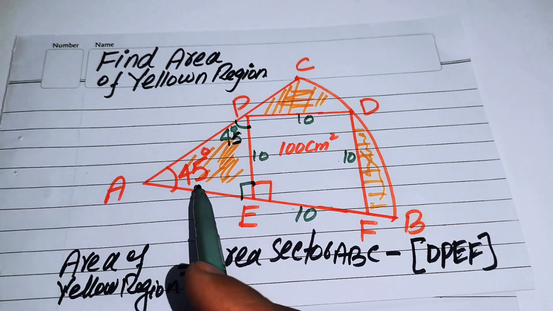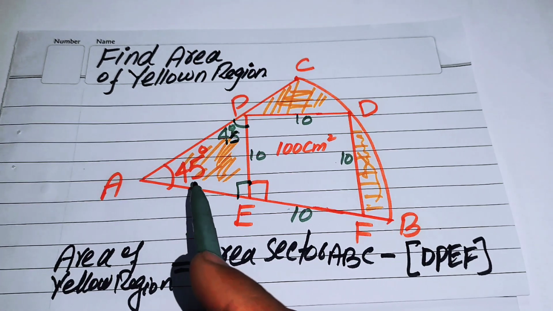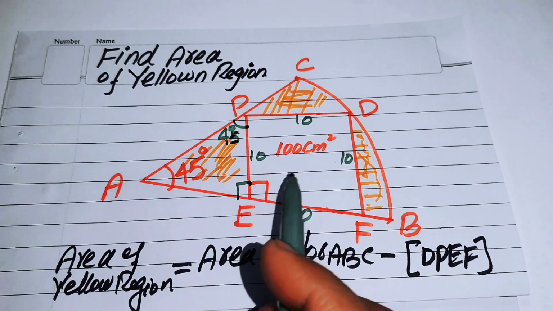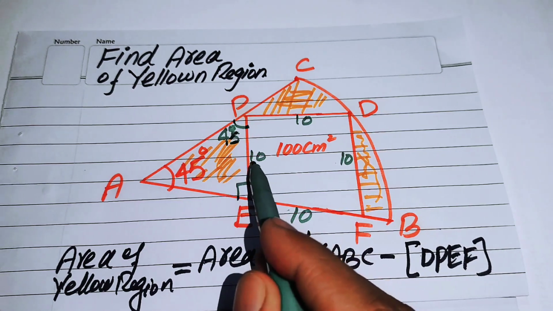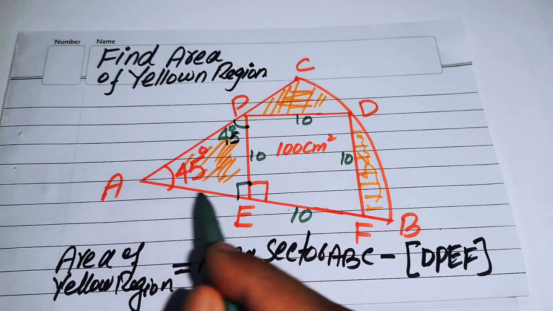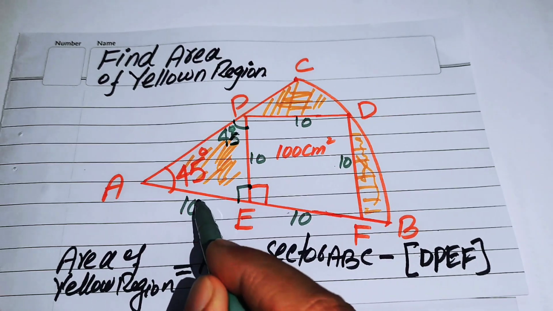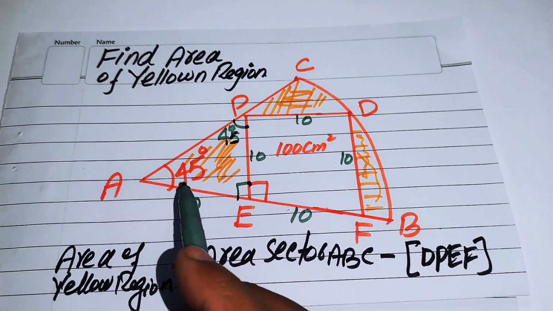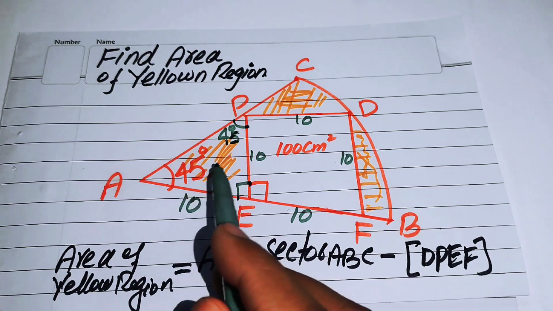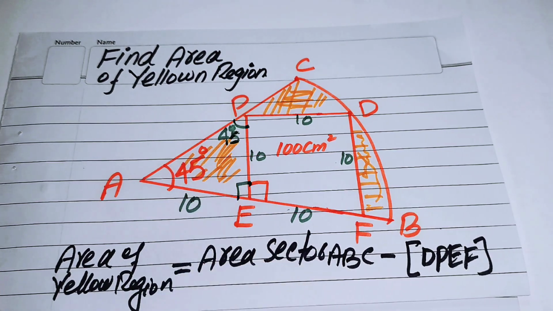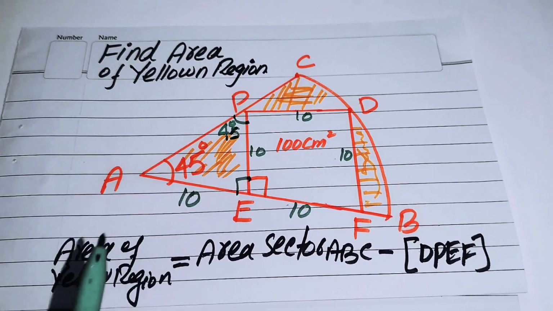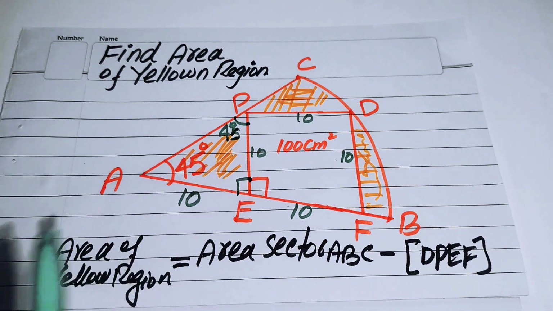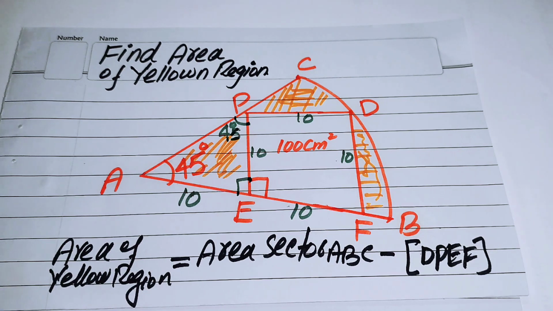So if it is an isosceles triangle, the lengths of its two sides are the same. If one side is 10, the other side is also 10. So these two sides are 10 and these two angles are 45, so AEP is an isosceles triangle.